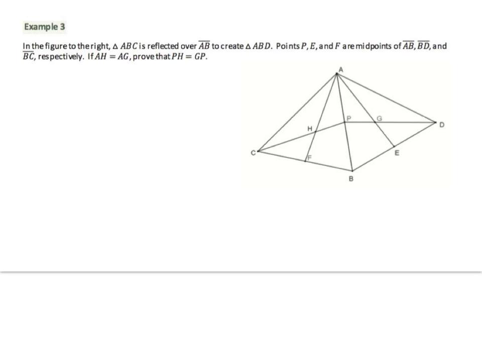In the figure to the right, triangle ABC is reflected over AB to create triangle ABD. Points P, E, and F are midpoints of AB, BD, and BC, respectively.